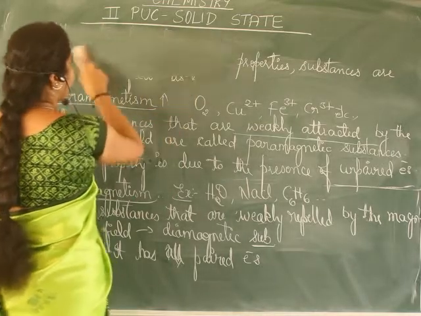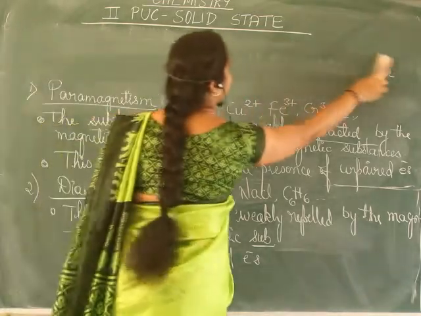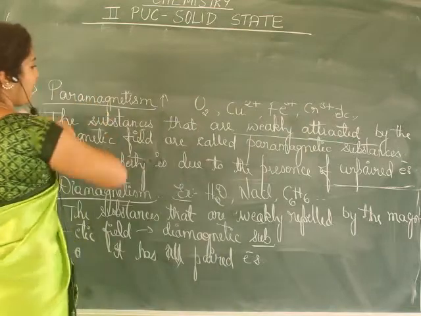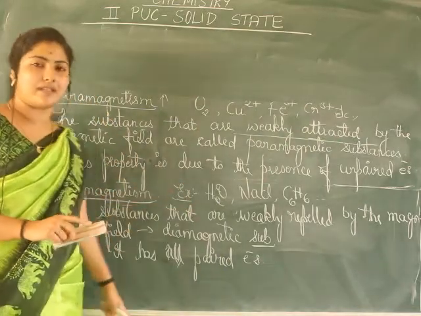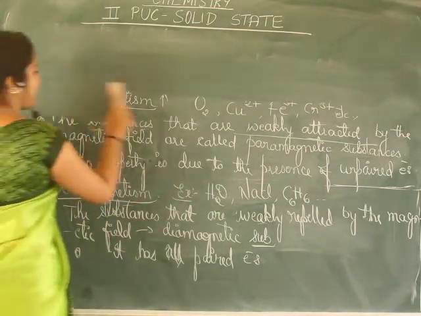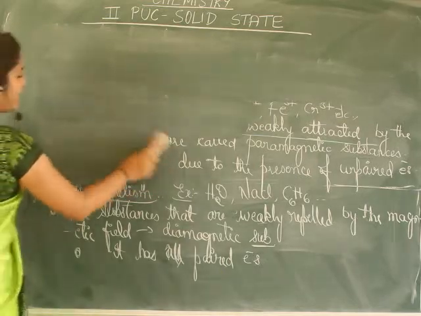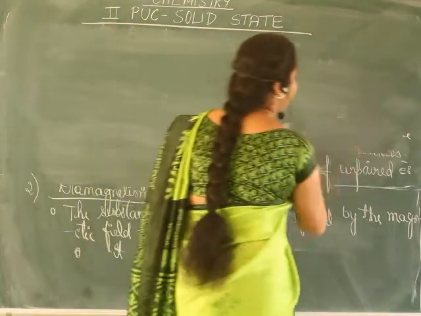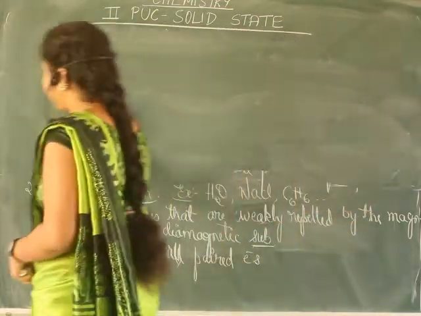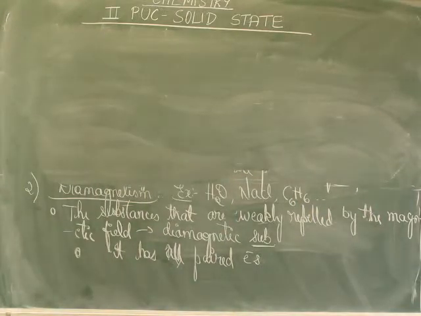Next property. So two properties you remember: one is paramagnetism, the other diamagnetism. Next property we will see: ferromagnetism.